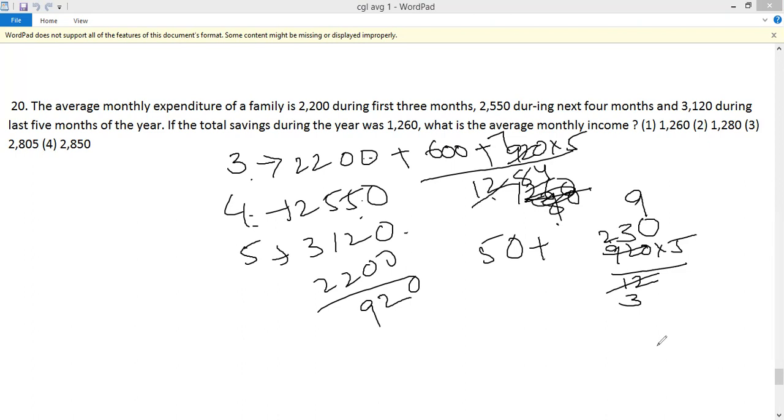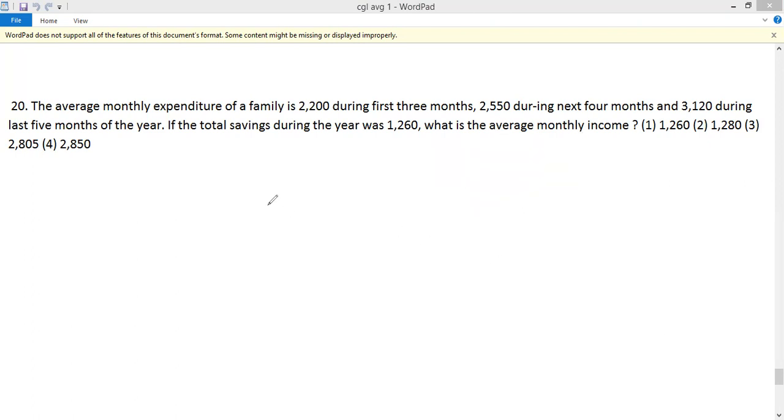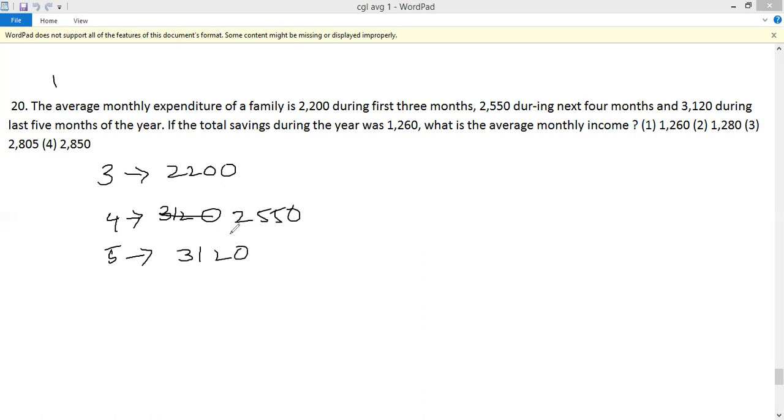Somewhere it was wrong. We will go again. For 3 numbers, 300. First 3 months, next 4 months, next 5 months. Otherwise, assume this one.